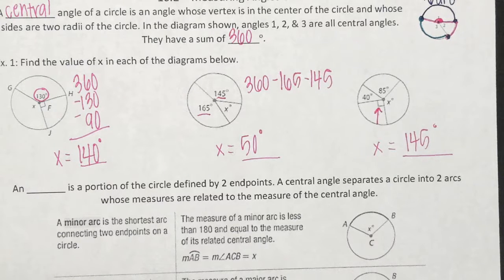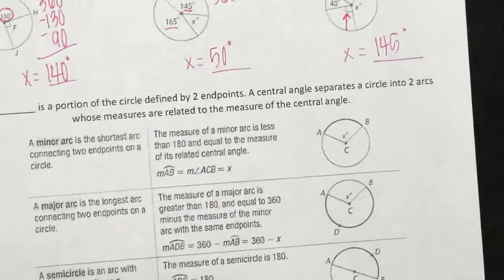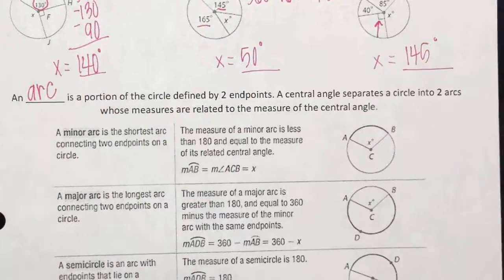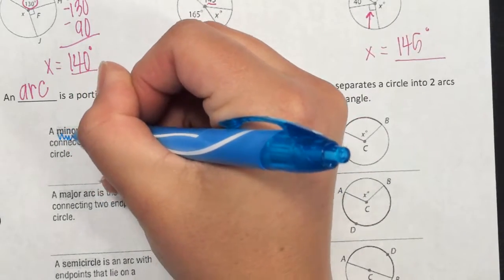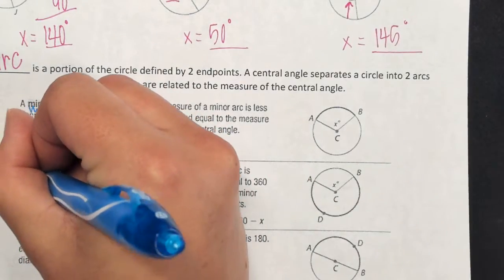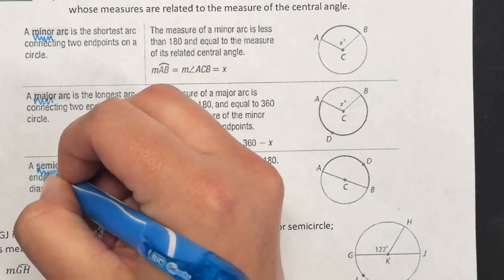Good examples. Those are talking about angles. We're going to talk about what we talked about in the beginning, which is an arc. An arc is a portion of the circle on the outside. There's 3 types of arcs. Ready? You have a minor arc, a major arc, and a semicircle.